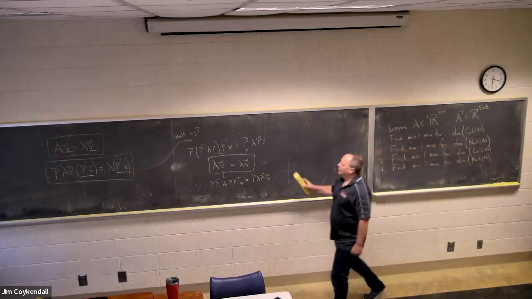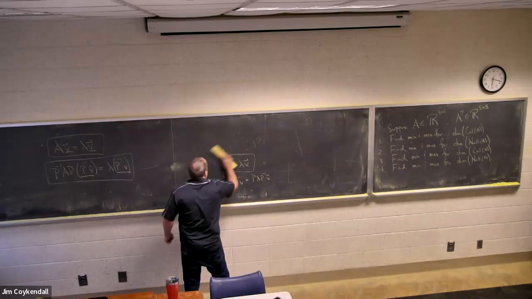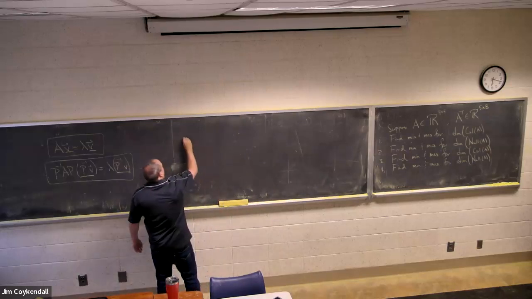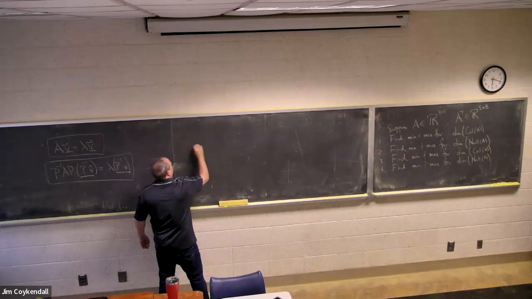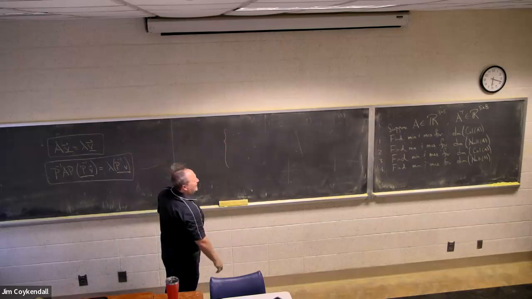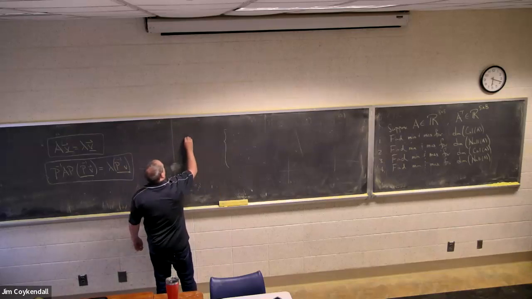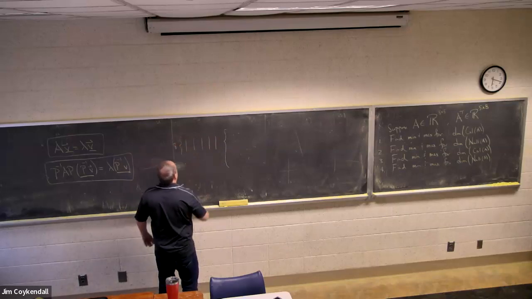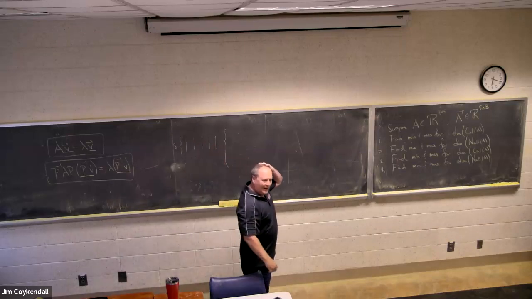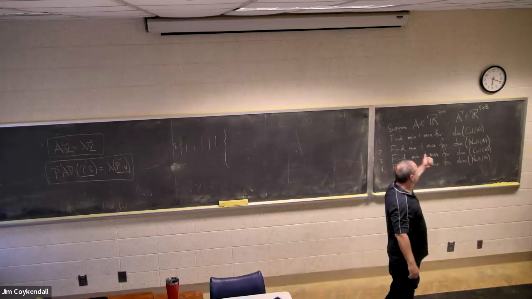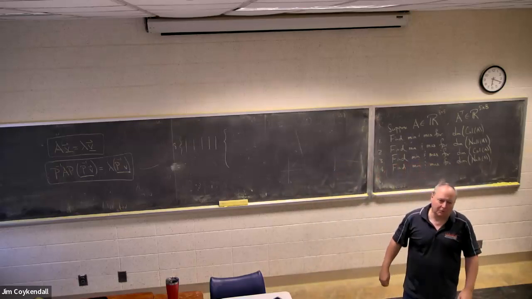So for the first one, notice for 1 and 2 we have an 8-row by 5-column matrix. It's got 5 columns, all of which are 8 high. So what's the minimum for the column space?